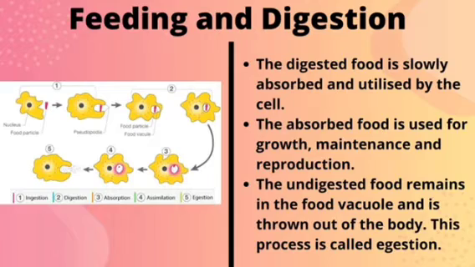So you can just look at the picture on the screen, children. You can see the picture with all the processes of nutrition over there. You can see how the amoeba takes in food, digests it, and the waste is also thrown out of the body.